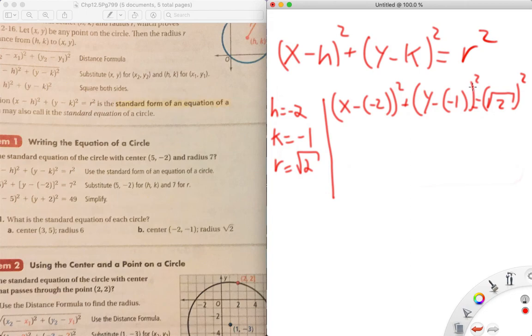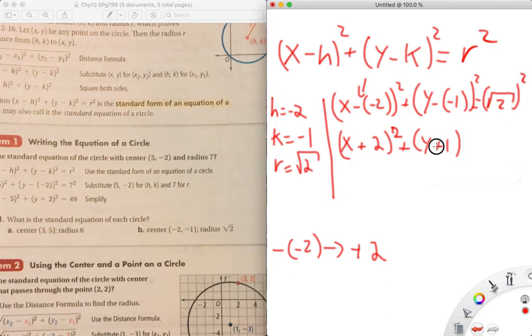So when we square all of these, remember this part right here, when we have a minus minus a negative, it's a double negative, which is the same thing as saying plus. So when we write this out, it's going to be (x + 2) squared plus (y + 1) squared.